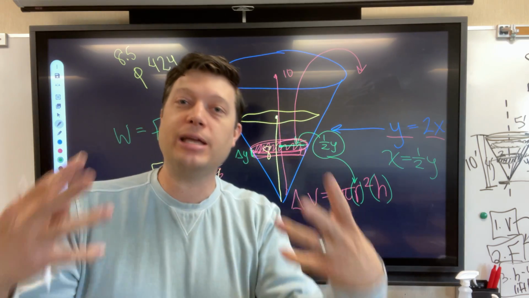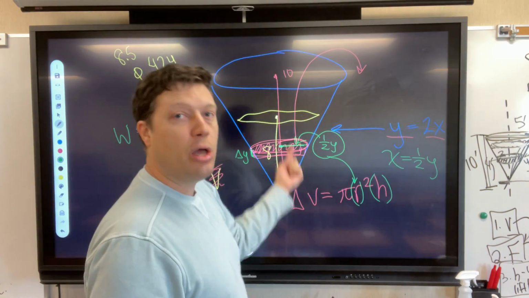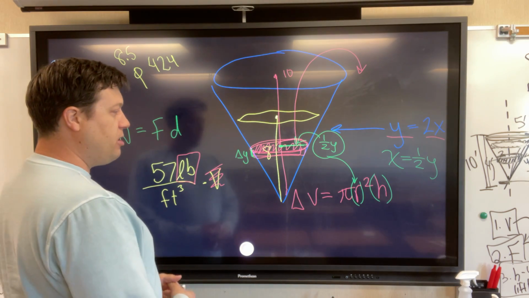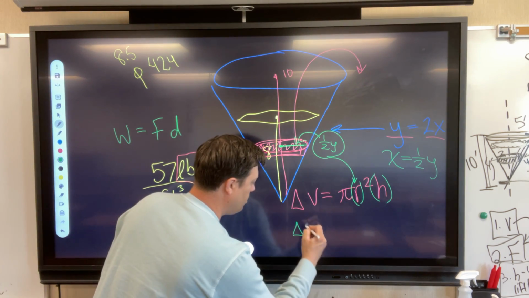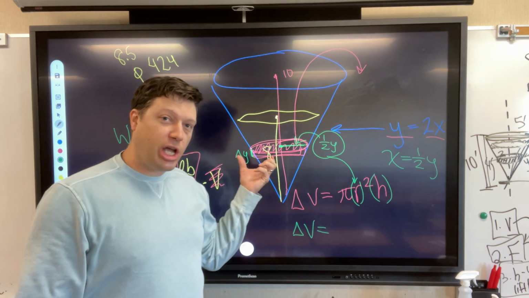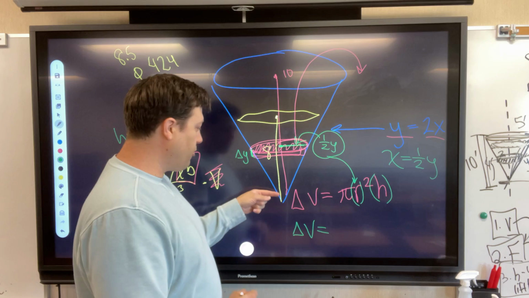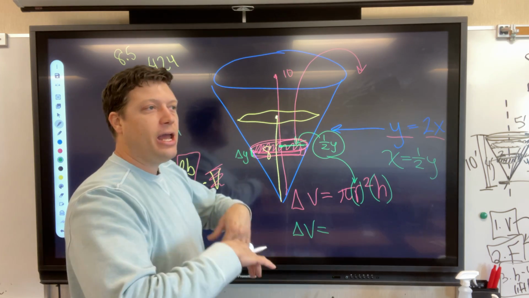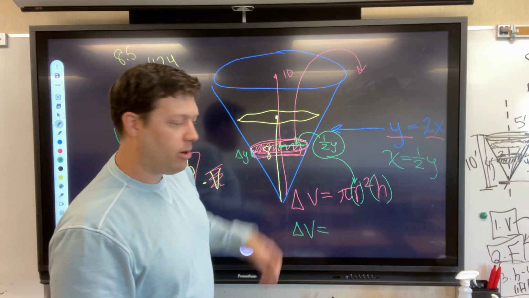And so we're able to then calculate the work that we have to do based upon just that disk, moving that disk up and out of the cone. Let me rewrite it. So delta V, the volume is going to change depending on where we are, y height wise. So at a different y height, we have a different size disk, and therefore we have a different amount of work to move just that disk up and out of the cone.